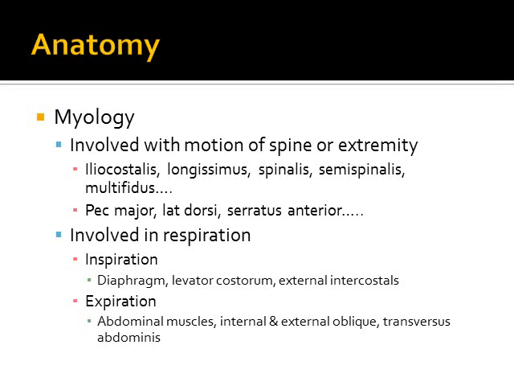And I apologize, the original slides that went to print, these were incorrect. So if you look at this here, with inspiration, the primary muscle is the diaphragm, the downward movement of the diaphragm through the central tendon. You've also got the levator costorum and the external intercostals, some of the key muscles and the primary muscles for inspiration.